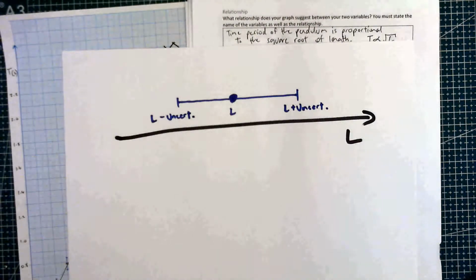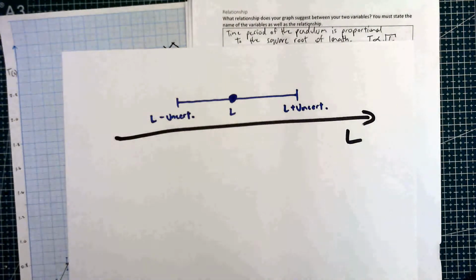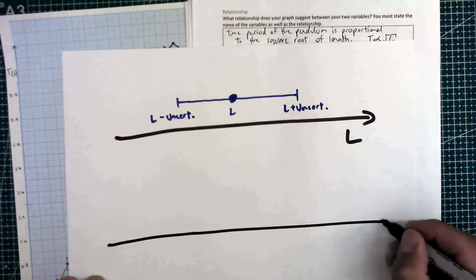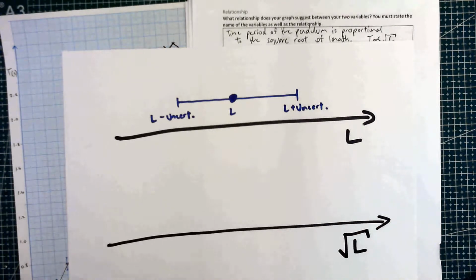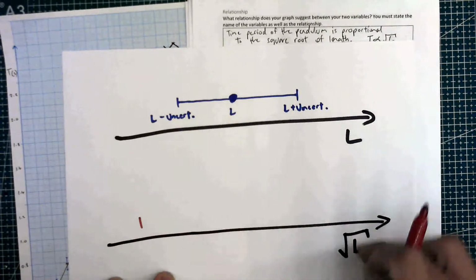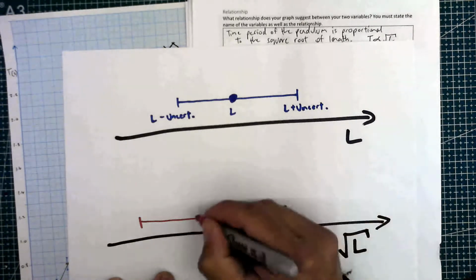And what we want to do is transform all of this data onto another axis. This time we're transforming it onto the square root of L axis. So it's going to end up somewhere else. Remember, these are different scales, so it doesn't really matter where I put these, but it's going to be different in some way.